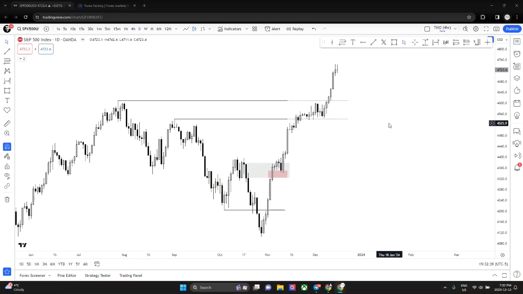If you're new, you need TradingView. You need Forex Factory. TradingView is where you'd read price, and Forex Factory is where we'll look for the times in which we should anticipate setups.